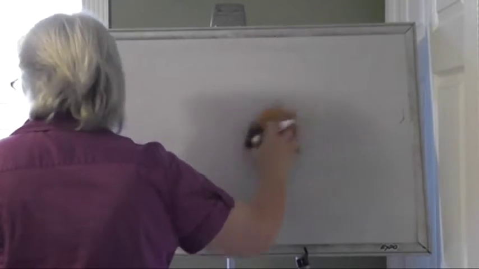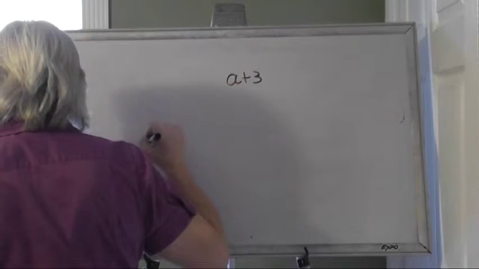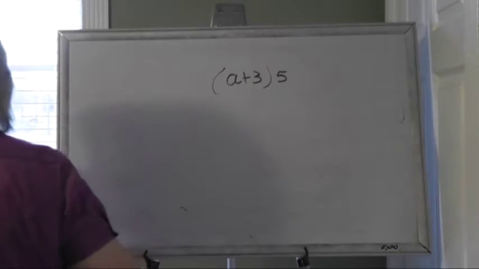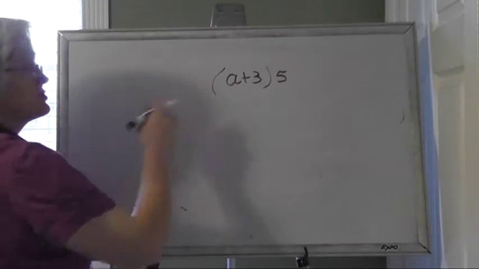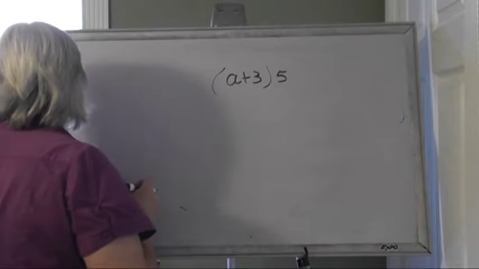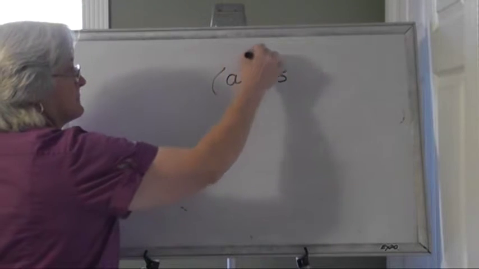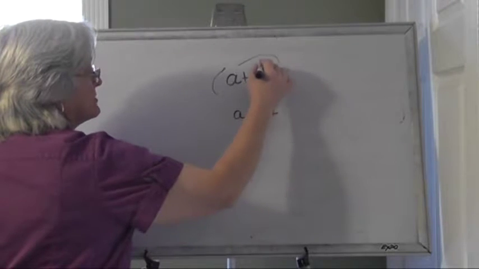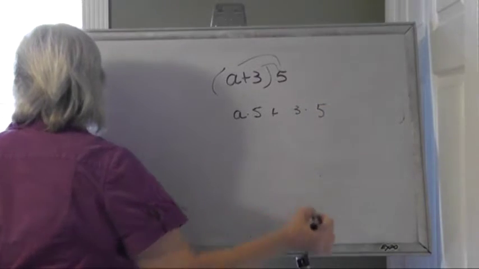I don't want to do this last example here. To me, it's a little bit contrived and not something that I would use, but it's still an illustration of what you can do. You have the quantity a plus 3, times 5, and they want you to use the distributive property. So we're going to go this way: a times 5 plus 3 times 5.